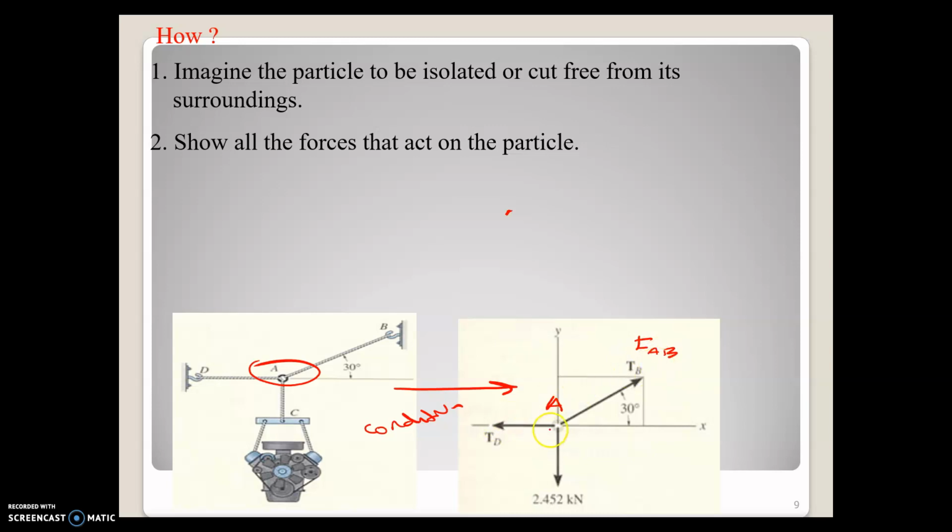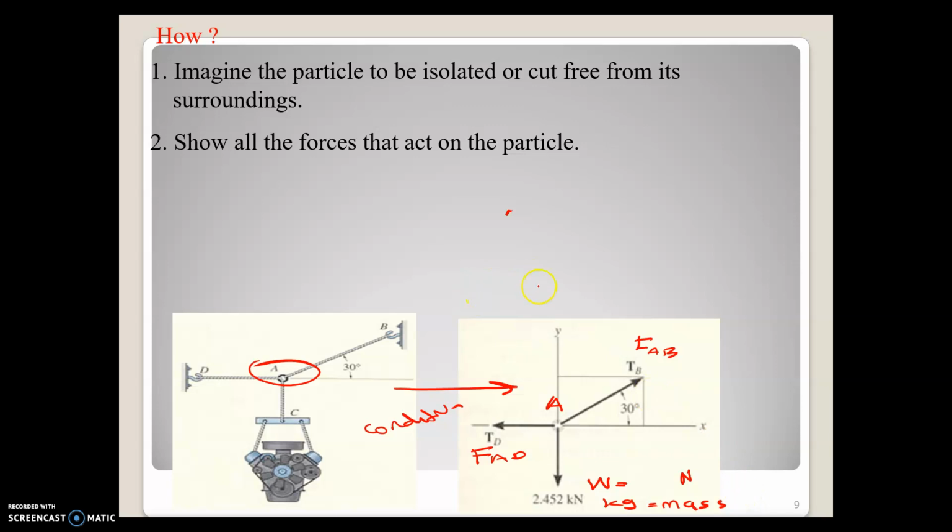Okay, and then you have force AD, which is tension D, TD ataupun force AD, and also you have the weight of the engine tadi kan. Okay, make sure weight is in unit Newton. Alright, if you are given in kg, it is a mess. You need to convert to weight.